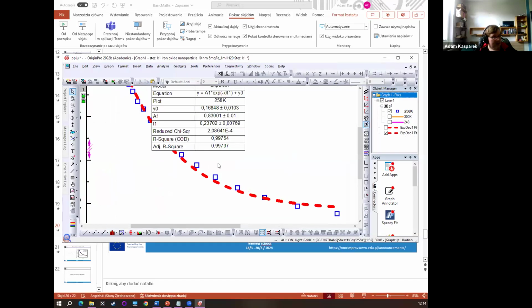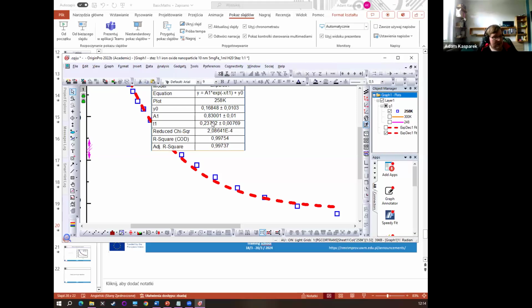Okay, the R square is around 0.99754. So according to mathematics, the model explains 99.7% of our experimental results.